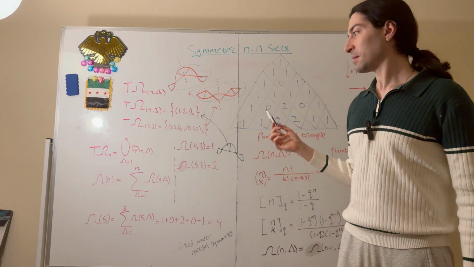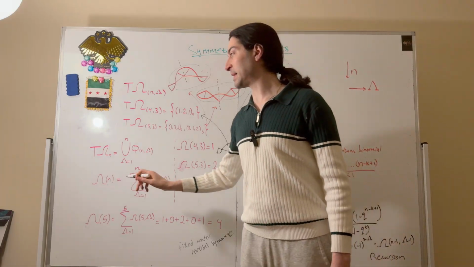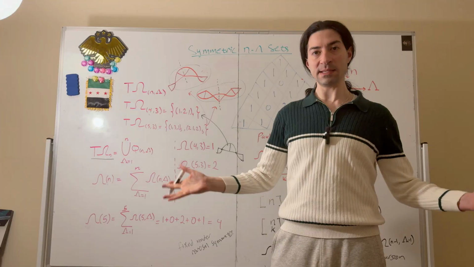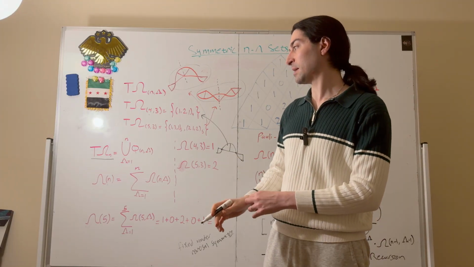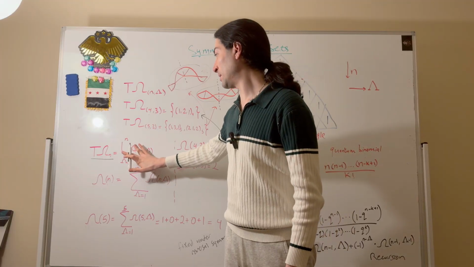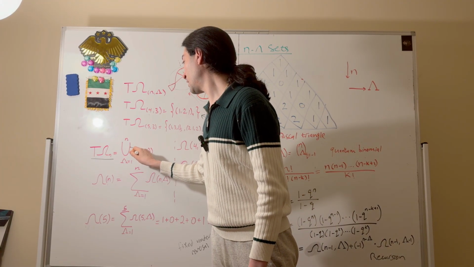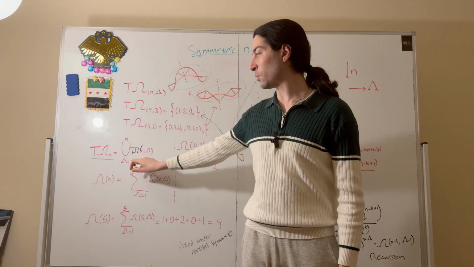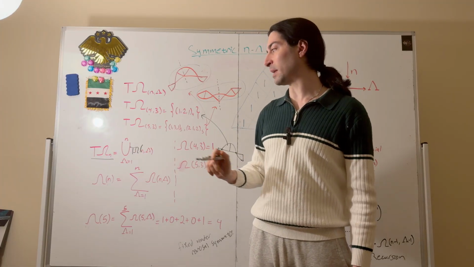Now notice that the symmetric sectoral set T omega n is really the sum or the union of all the subsets of T omega n comma lambda, starting with lambda of 1 all the way to lambda of n.